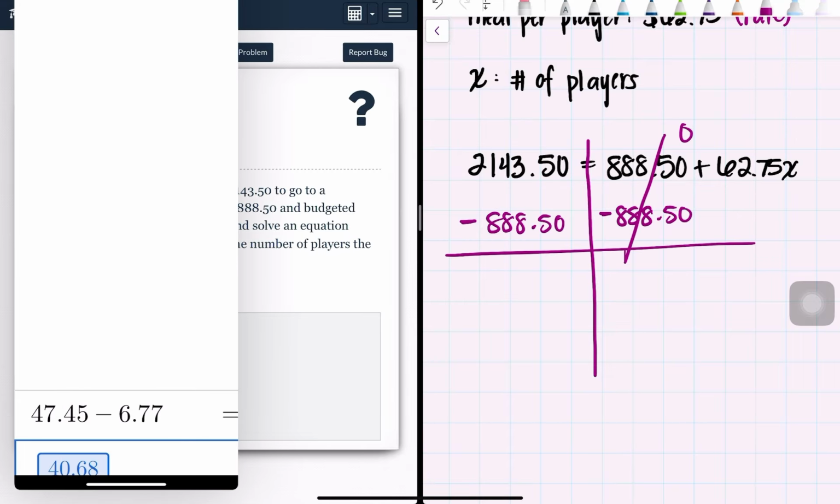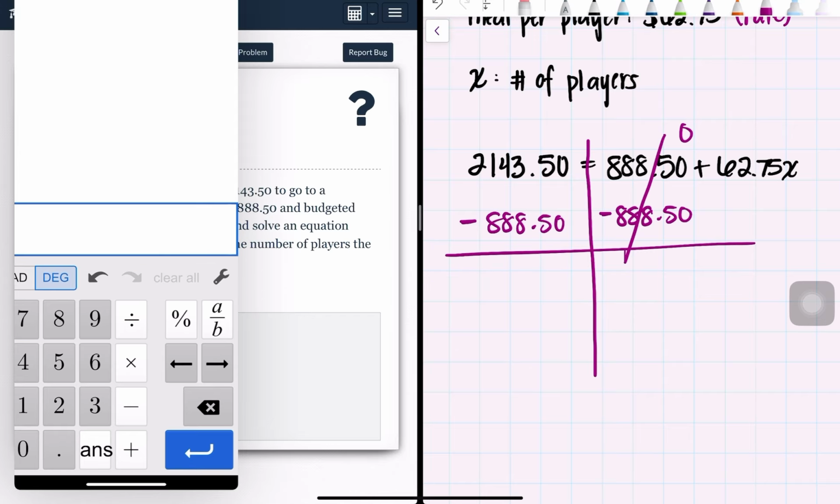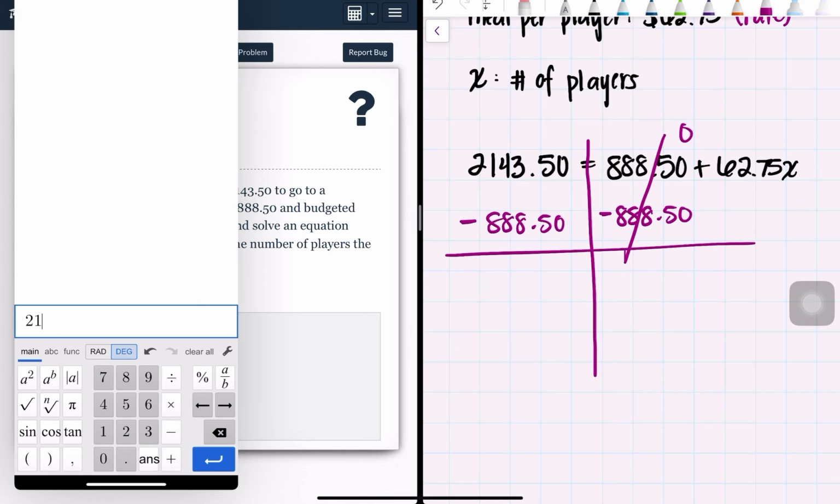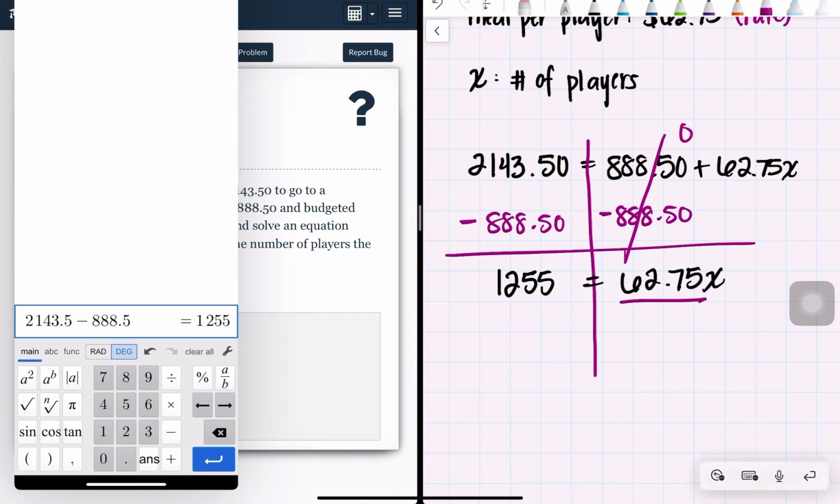So 2,143.50 minus 888.5 gives us exactly 1,255 equal to 62.75x. Because we're solving for x, we are going to divide both sides by 62.75.